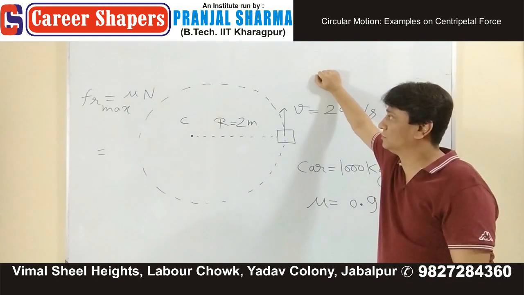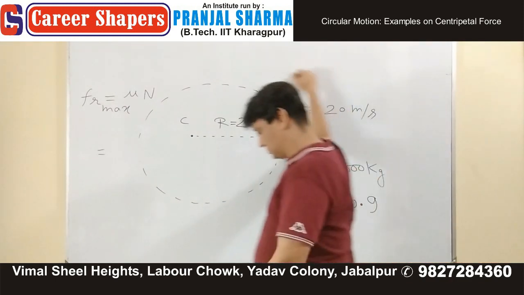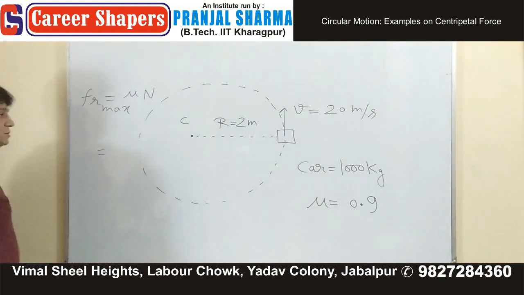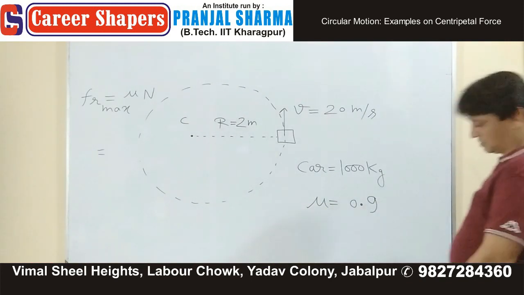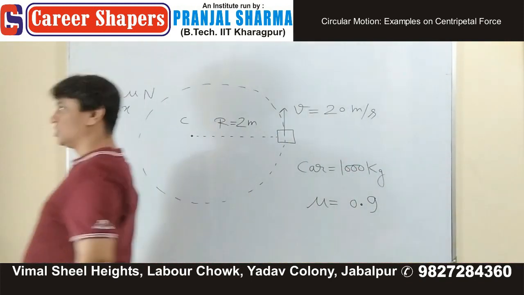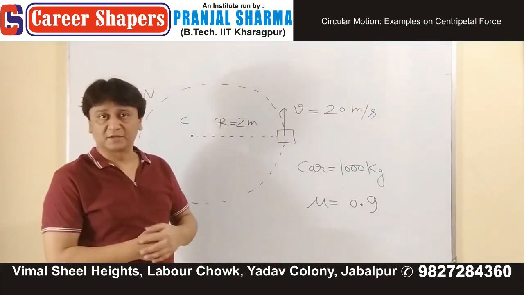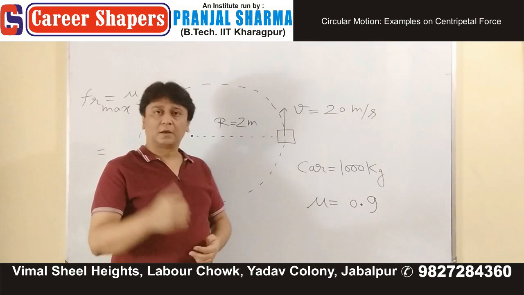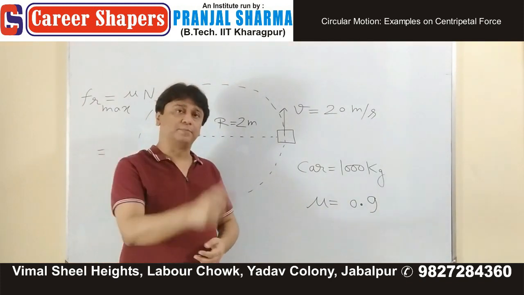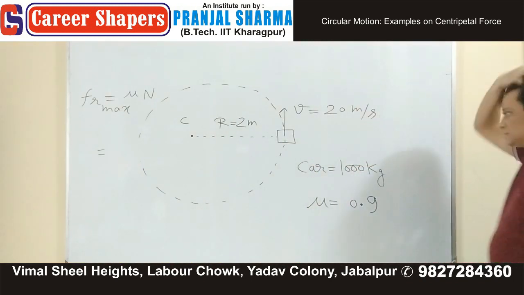Therefore, it's the static friction which acts and makes it possible for us to move. Kinetic friction will act when we slip. As a inside the bracket you can write this. Kinetic friction acts when we slip.